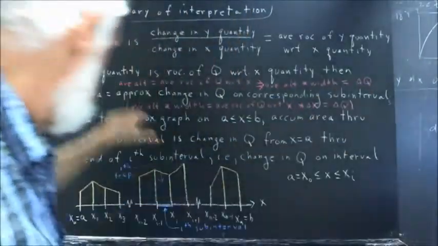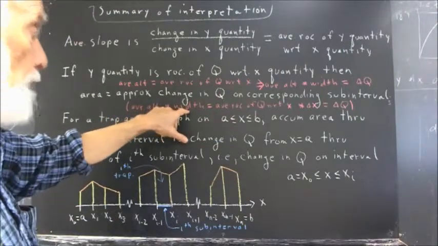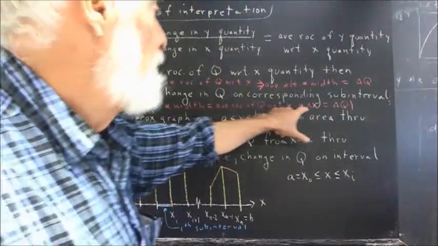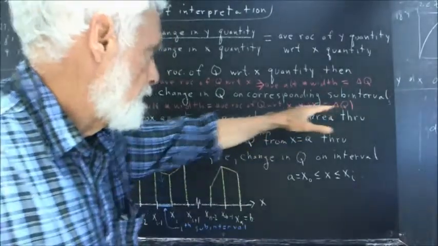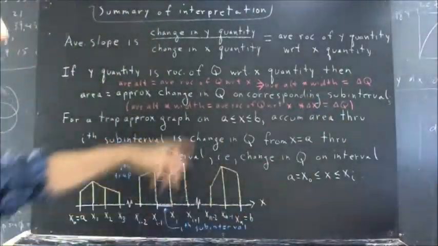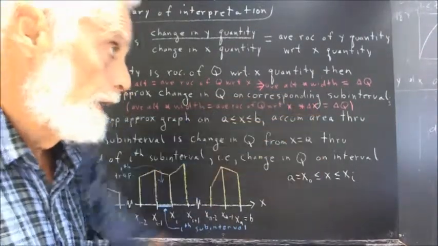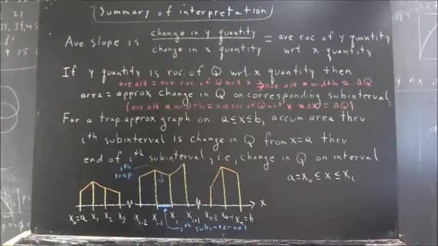Now the reason for that, second line, is that the average altitude times the width is the average rate of change of q with respect to x times the change in x, and that is the change in the quantity q. And you might want to review the whole definition of an average rate of change in order to completely understand that statement, but it should be clear from the context of many of our examples.